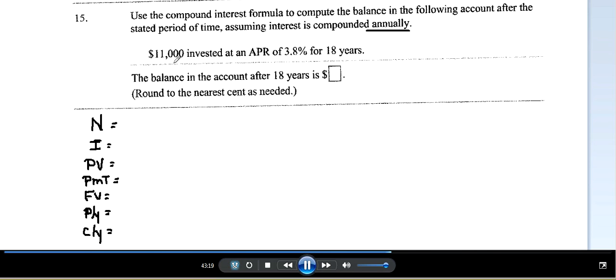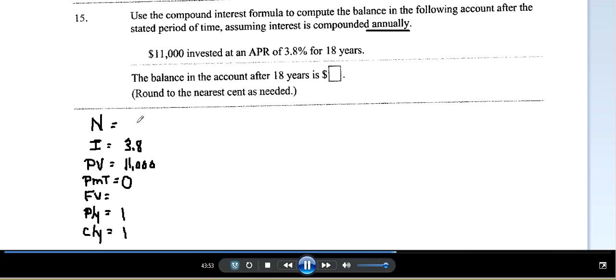So the present value here is 11,000, and the interest rate is 3.8%. The payment we're not doing. The future value is what we're solving for. PY, CY is going to be 1 again, because it's compounded annually.